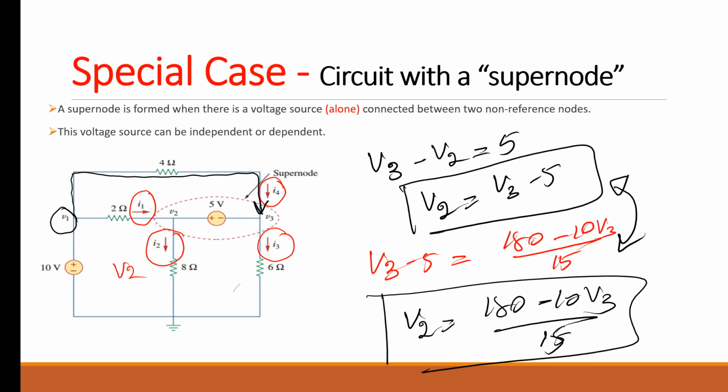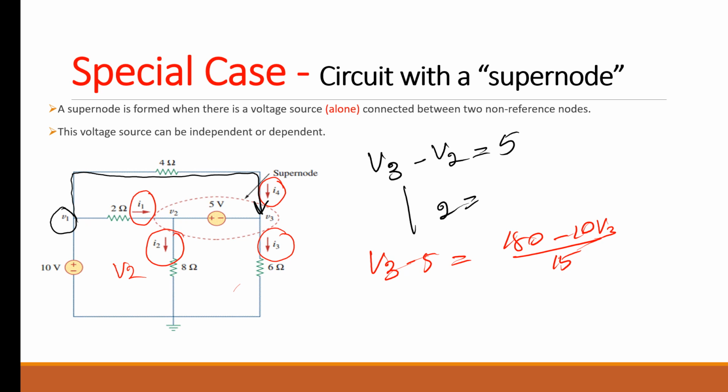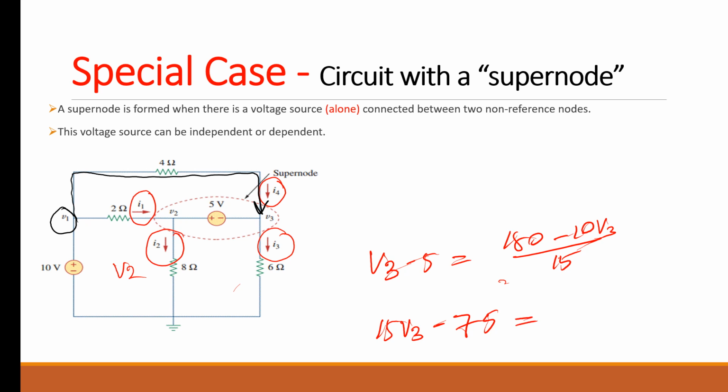So I'm going to delete all the unnecessary equations from the slide. So we can say 15V3 minus, so here 5 times 15 is 75, equal to 180 minus 10V3.